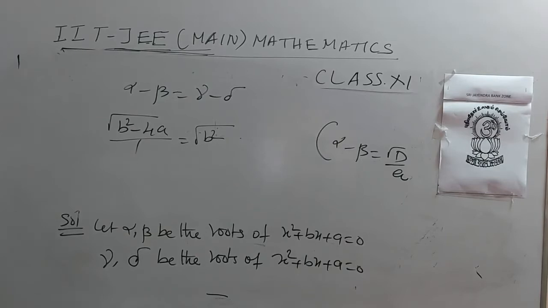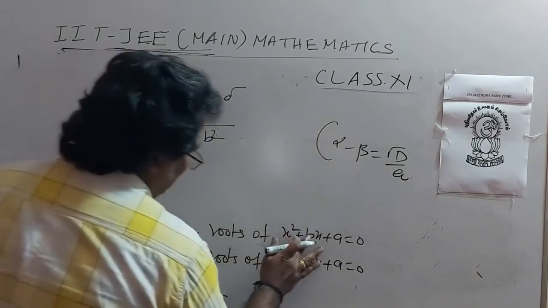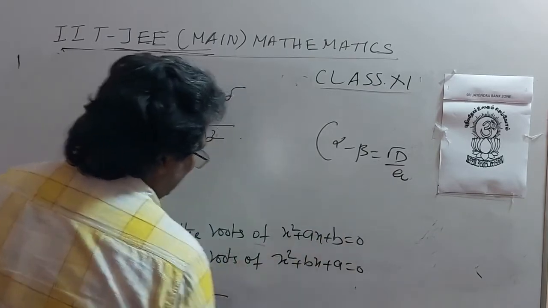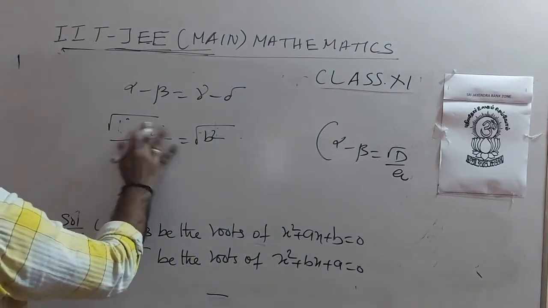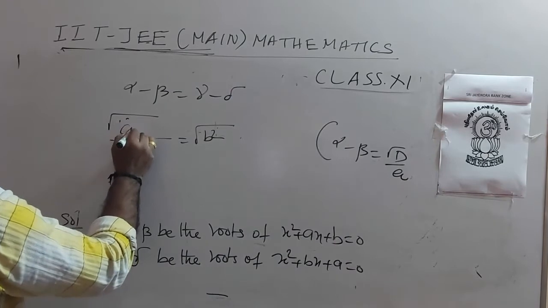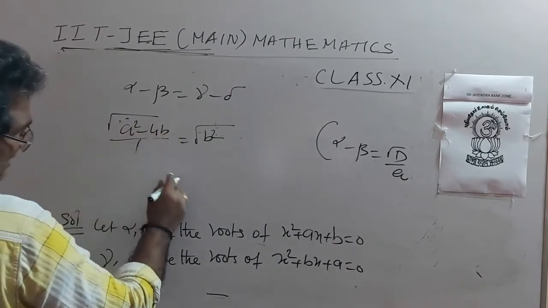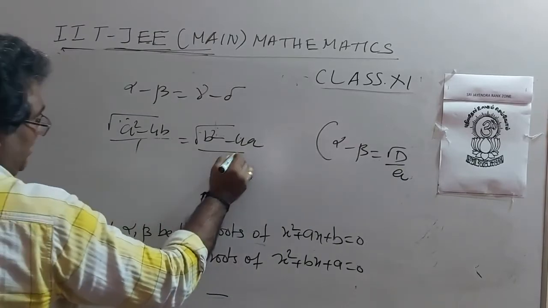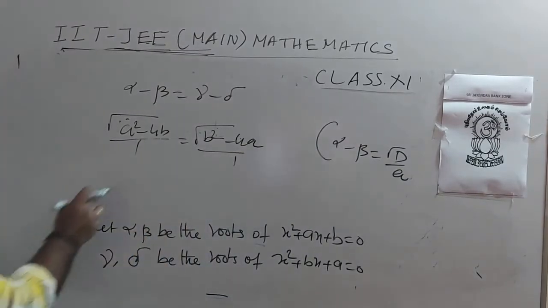Here the equation is different: ax plus b, here bx plus a. So here a squared minus 4b, here b squared minus 4a by 1. Discriminant.